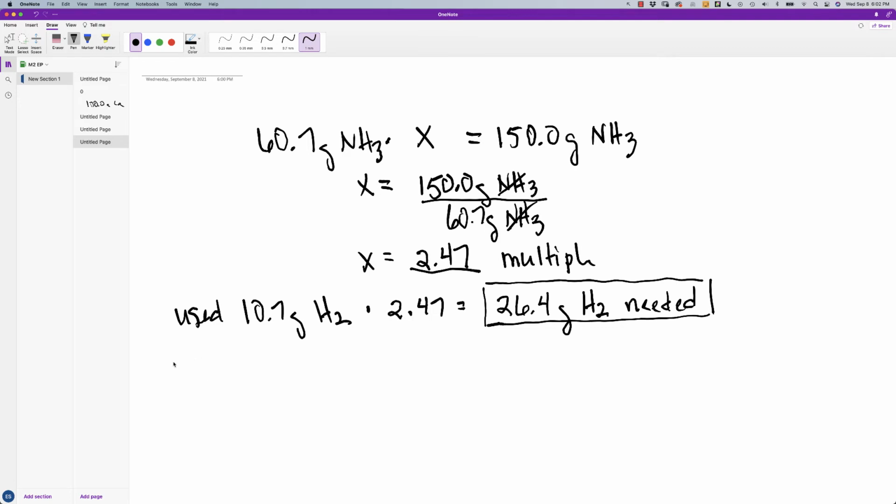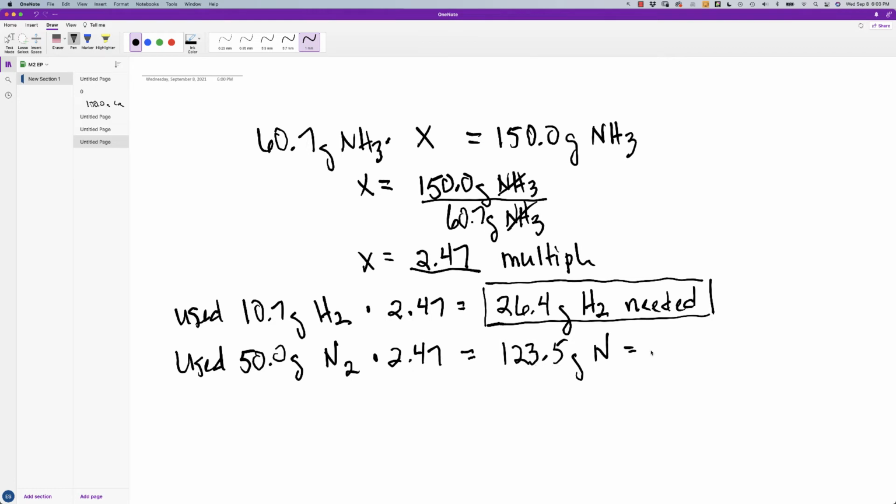Okay. We also used, at the beginning, 50.0 grams of nitrogen. Multiply that by our multiple, 2.47. That gives us 123.5 grams of nitrogen. You see our sig figs here, we have 3 as our greatest number of significant figures, which means this 5 is going to cause that 3 to become a 4.